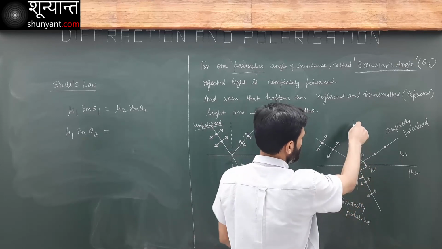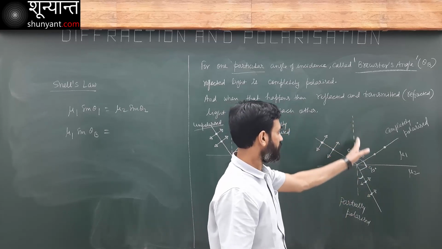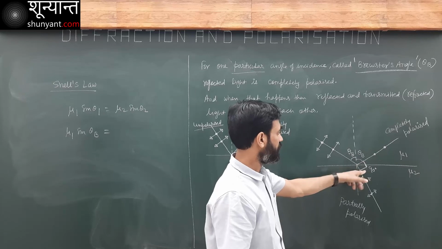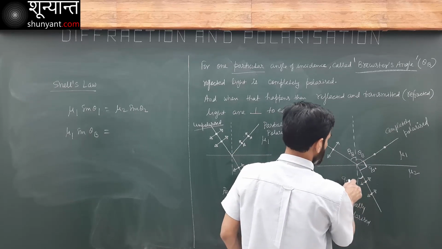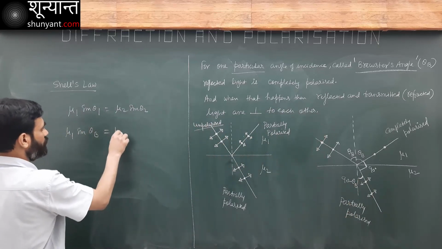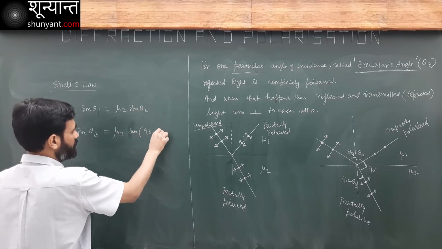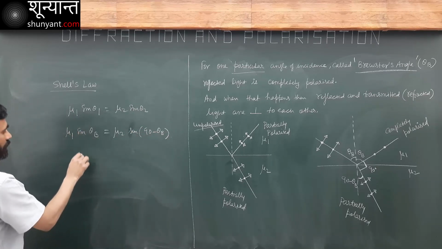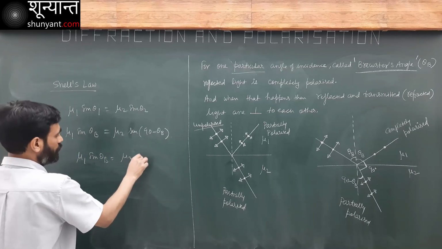Look at this normal. The whole angle is 180, and out of that this is 90. That means these two add up to 90. So this becomes 90 minus theta b. So I will write it like this: mu1 sin theta b is equal to mu2 sin of 90 minus theta b. What do I get? Mu1 sin theta b is mu2 cos theta b.